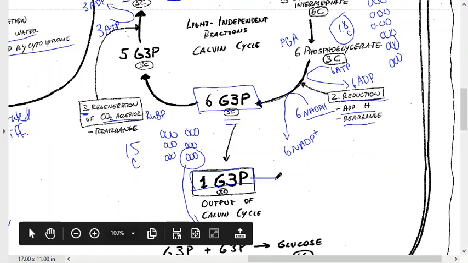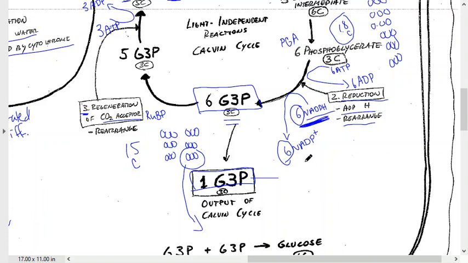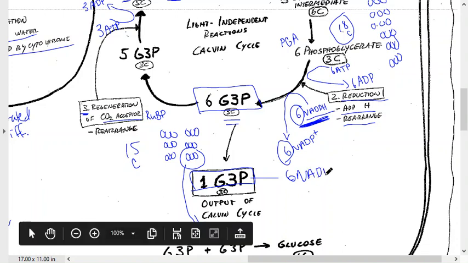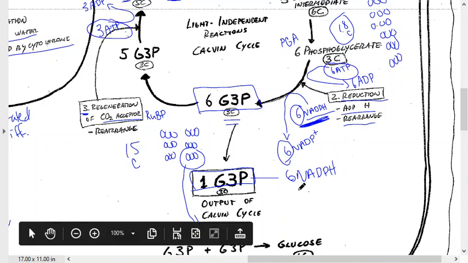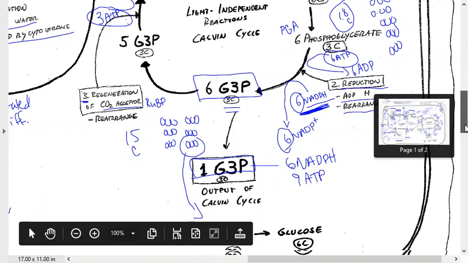So 1 G3P, 1 crank of this cycle, has cost us 6 NADPHs, and let's see, over here we had 6 ATPs and we had 3 ATPs, so 9 ATPs.